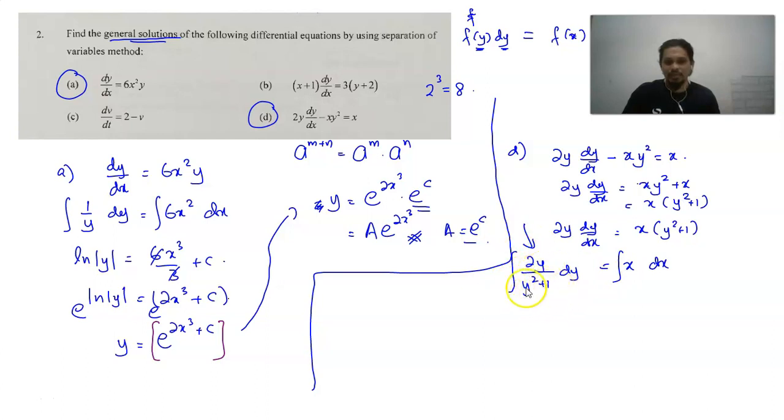I think we're going to use the substitution method, which is u equals y squared plus 1. Then du equals 2y dy.